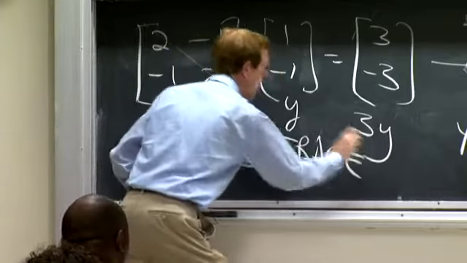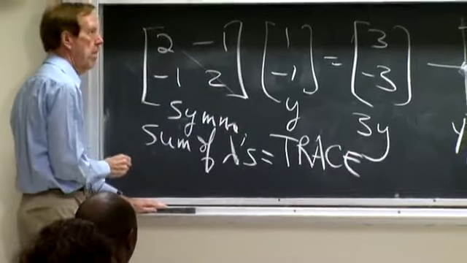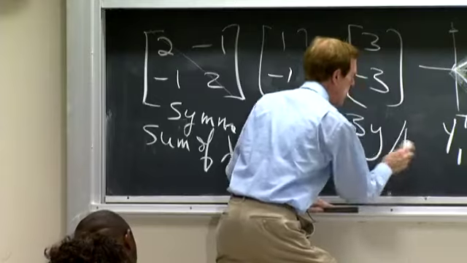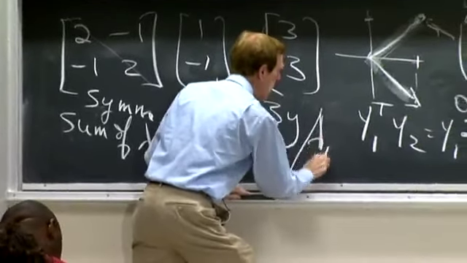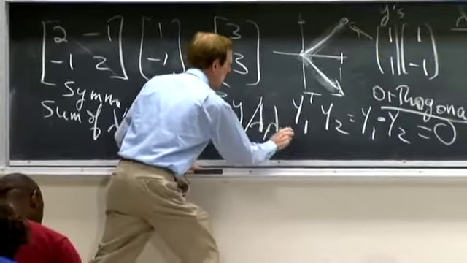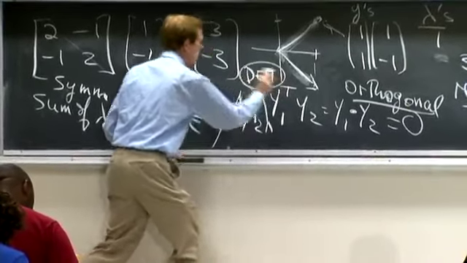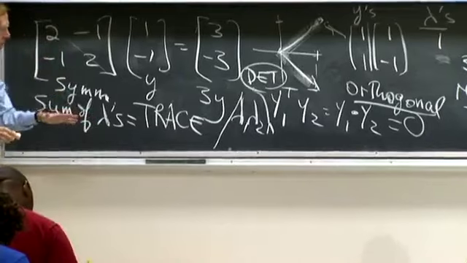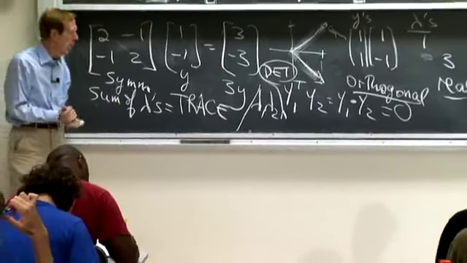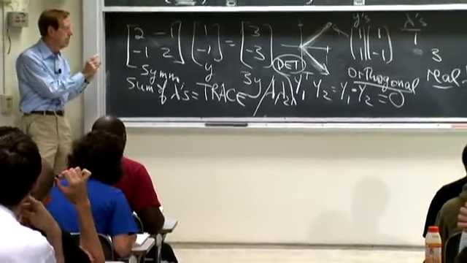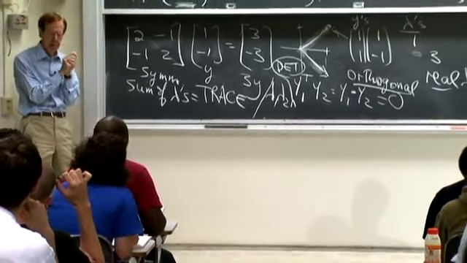The trace of the matrix is the sum down the diagonal. And the product of the lambdas, lambda 1 times lambda 2, is the determinant of the matrix. Or if I had 10 eigenvalues, I would multiply all 10 and I'd get the determinant. Okay, so that's some facts about eigenvalues.